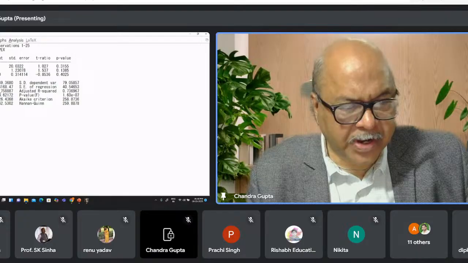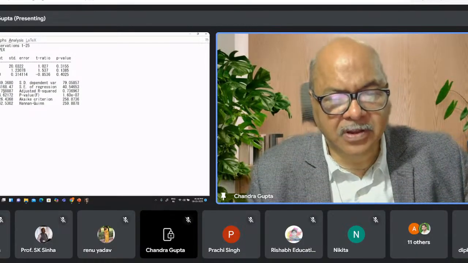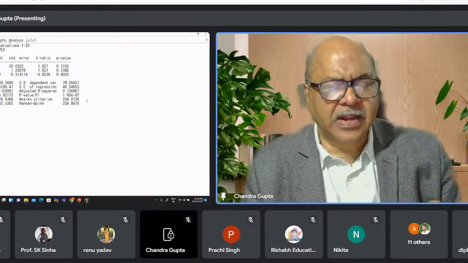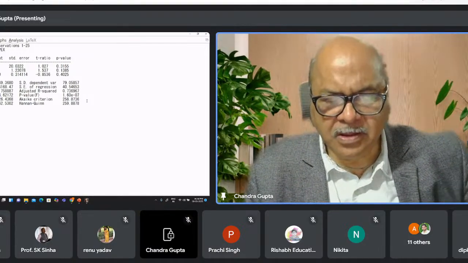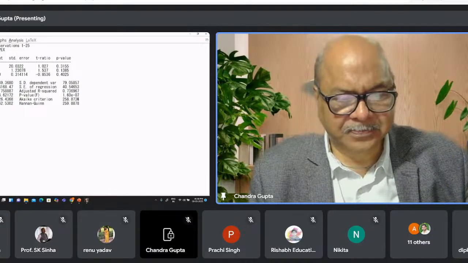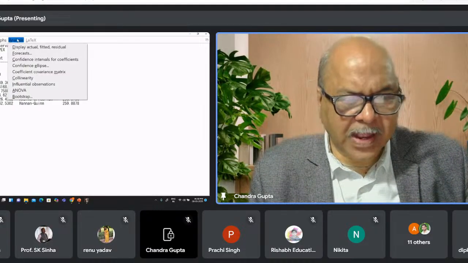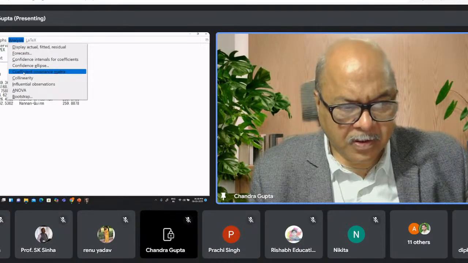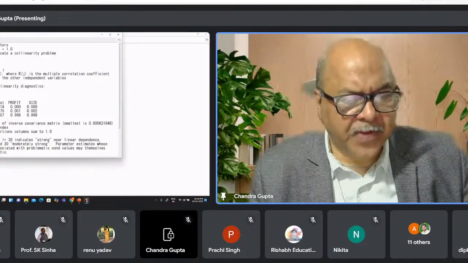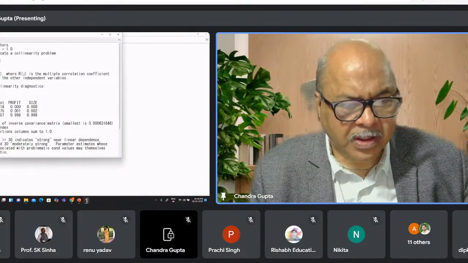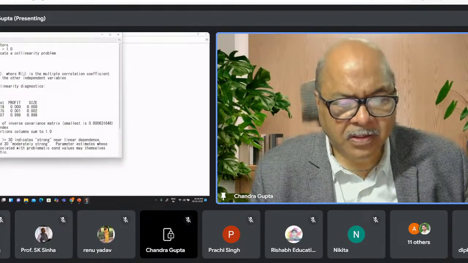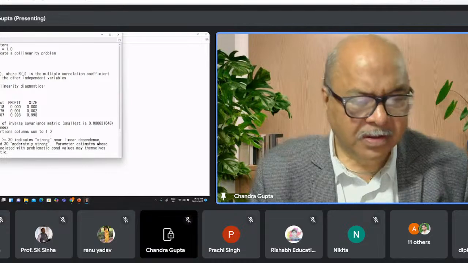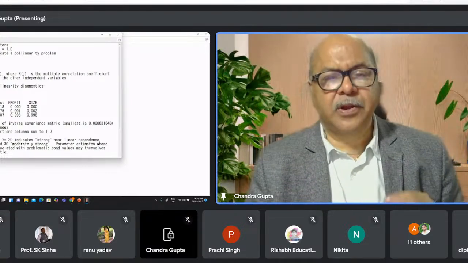R-squared is 75.88%, but none of the variables is coming out significant. That clearly indicates that our model is going to have a multicollinearity problem. You can also calculate the variance inflation factor. Look at this, 145.378, much higher than 10. Therefore, our model has a serious multicollinearity problem.